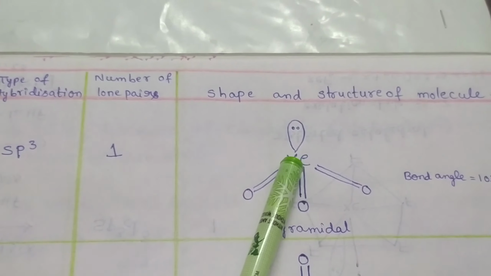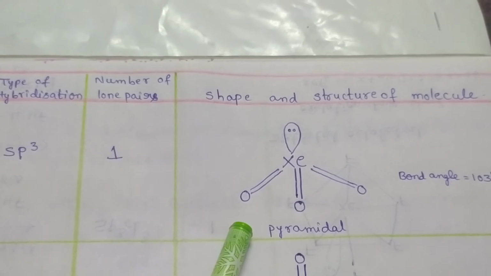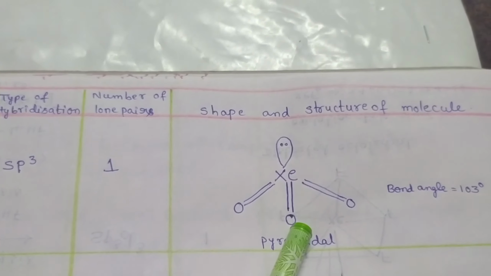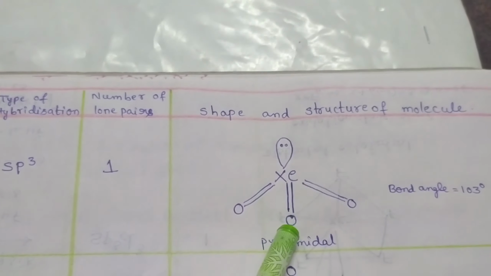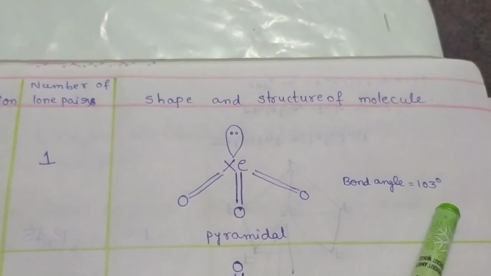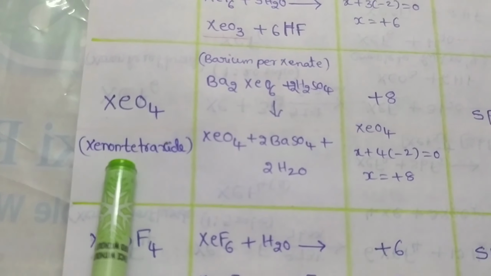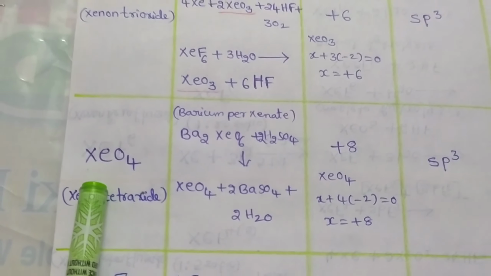Look at here. In xenon trioxide, the bond angle between oxygen, xenon, oxygen is equal to 103 degrees.